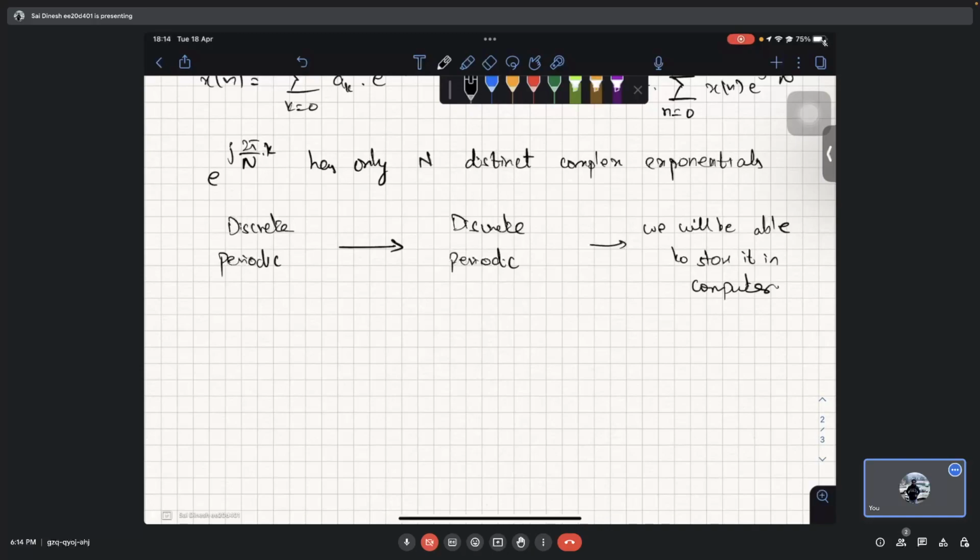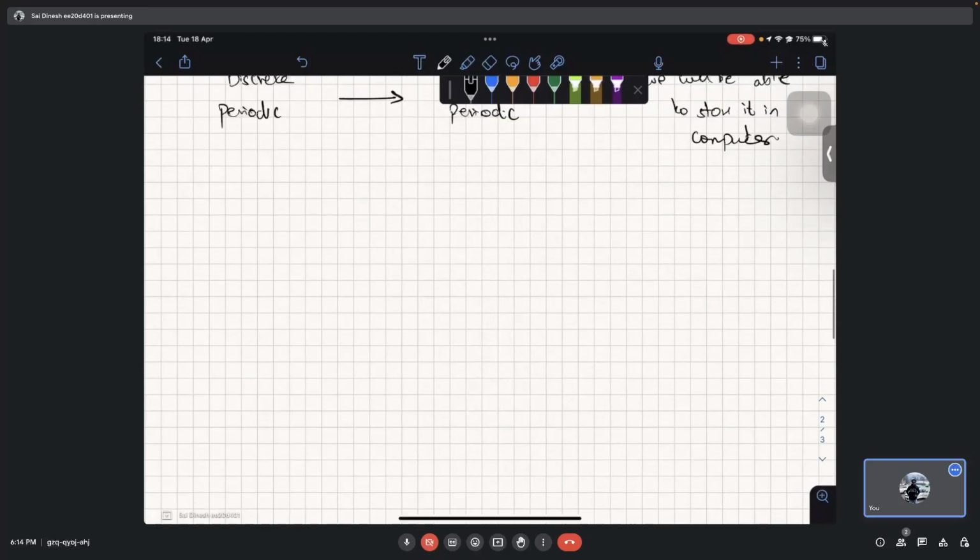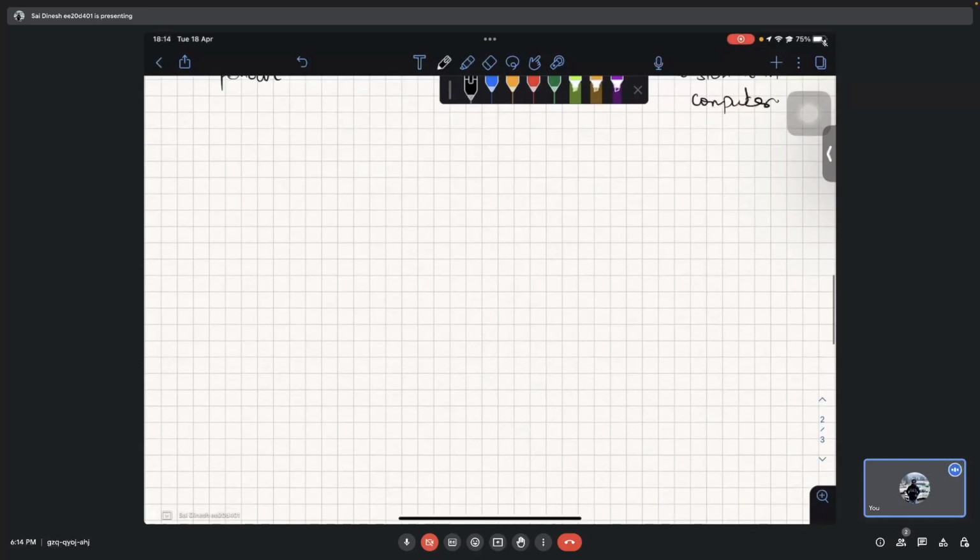So, the properties of DFS. This is what we have seen. We have x of n with DTFT X e power j omega, but it is continuous.